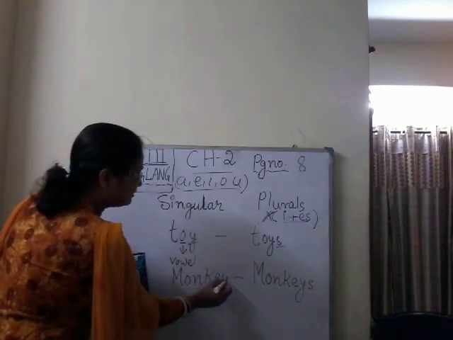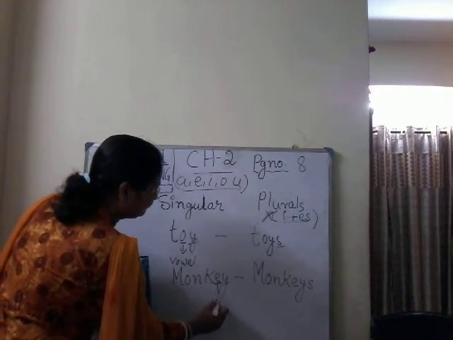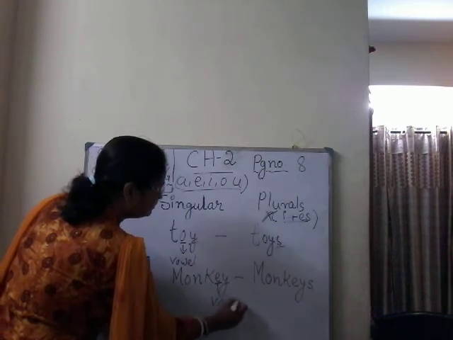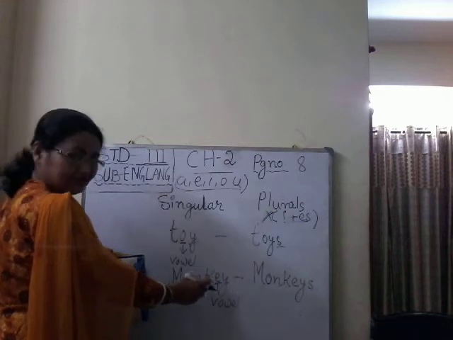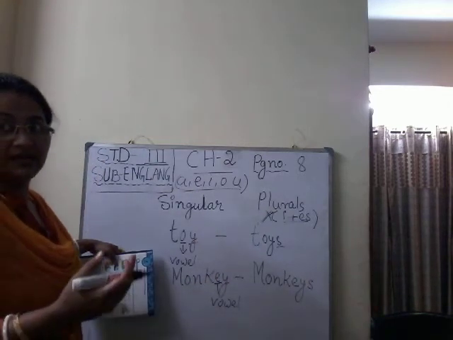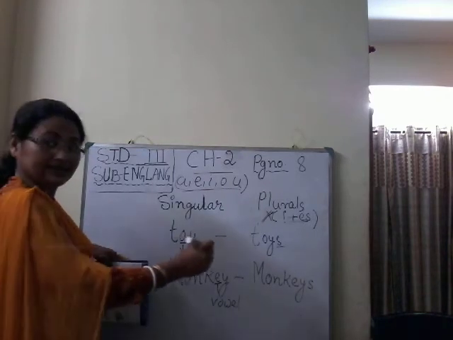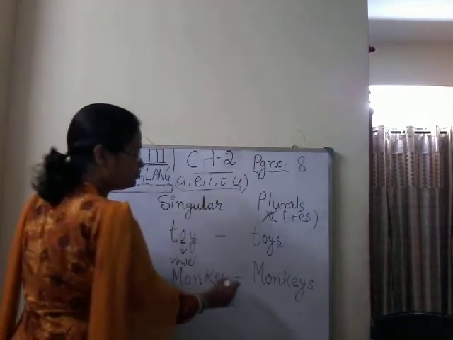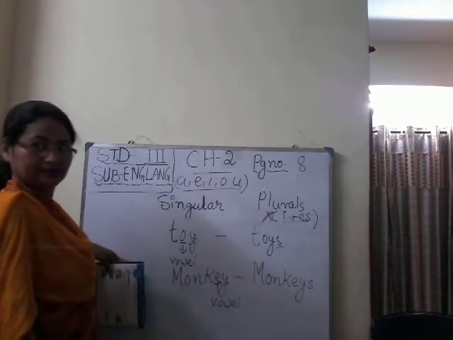Because see here before Y, this letter E is a vowel. So when the letter before Y is a vowel, when we form the plural of these nouns, we will simply add S. Okay, so here we have added S only.